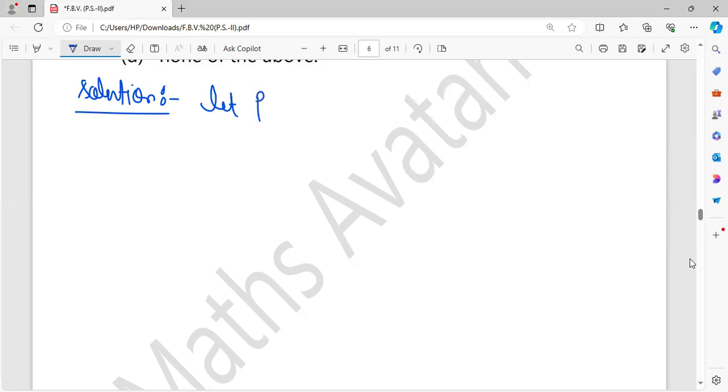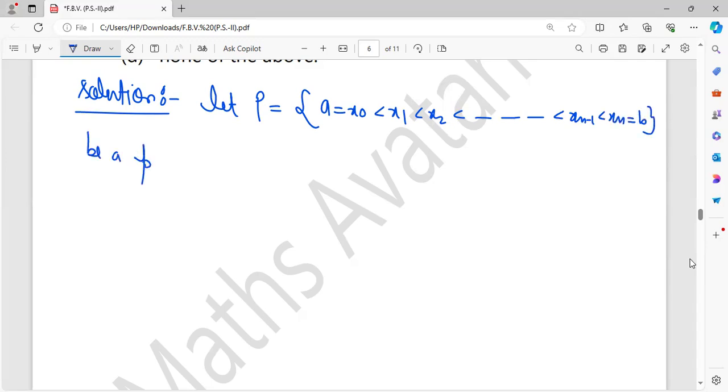Let P equal to {a = x0, x1, x2, ..., x_{n-1}, x_n = b} be a partition of [a,b]. So what is this?